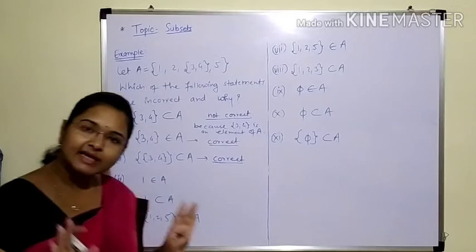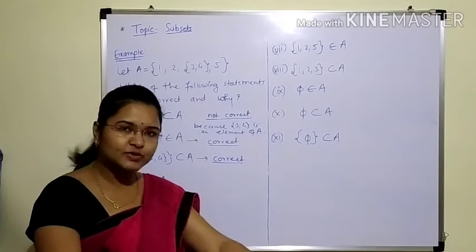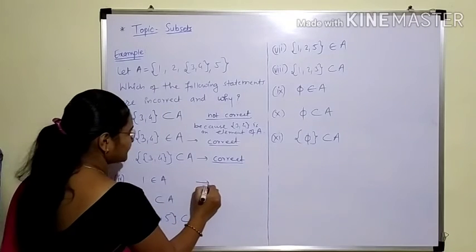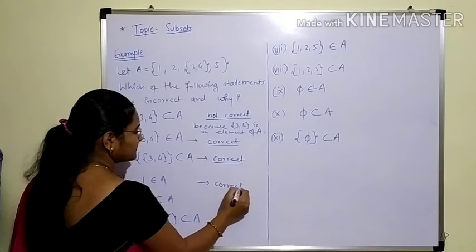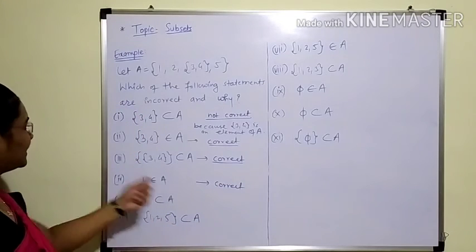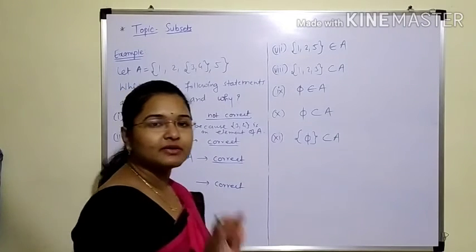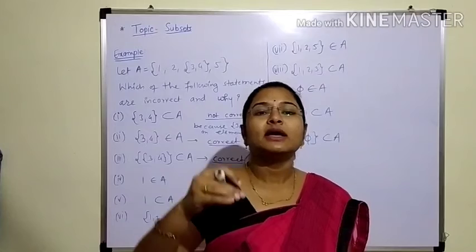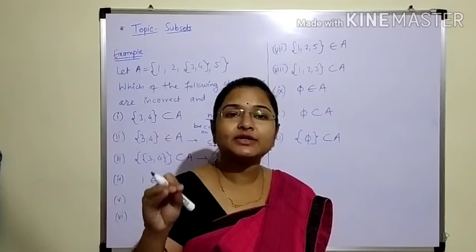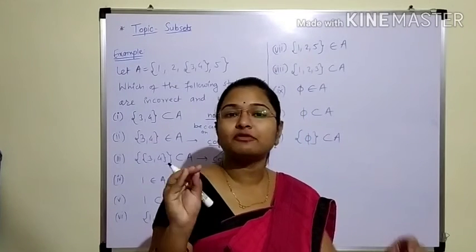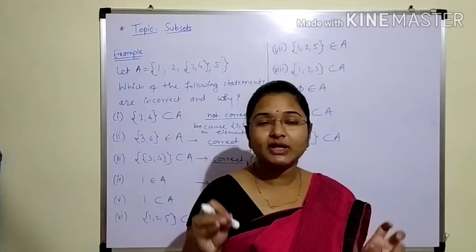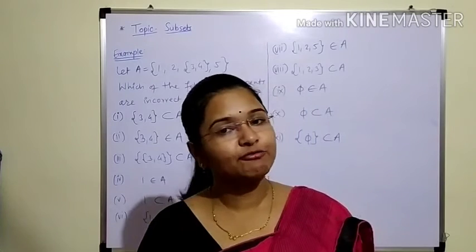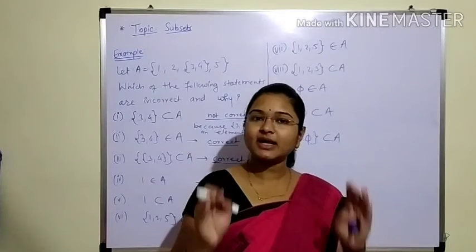Now, 1 belongs to A. One element is there in set A, so that element belongs to A. It is also correct. Okay, next, 1 is a subset of A. See student, when we write any set, we should write it in the form of curly braces only. If we have to write the elements in set form, we write those elements in curly braces.